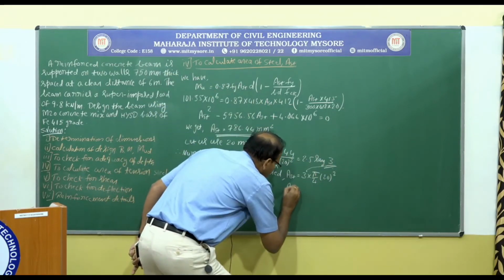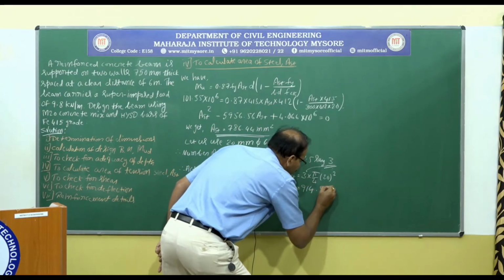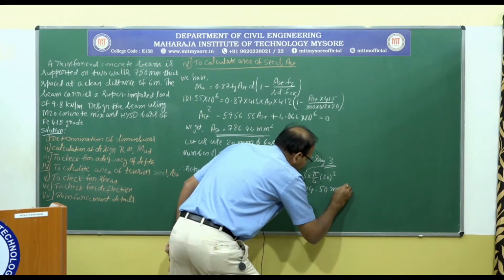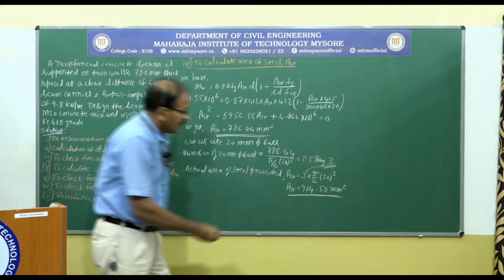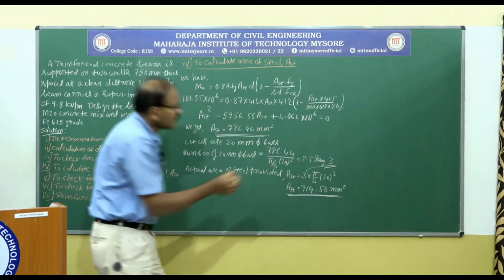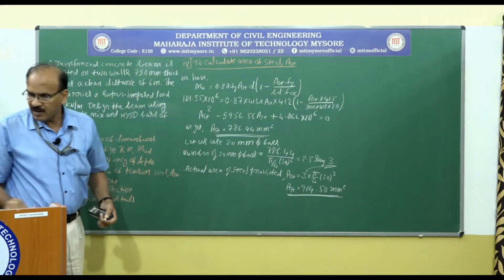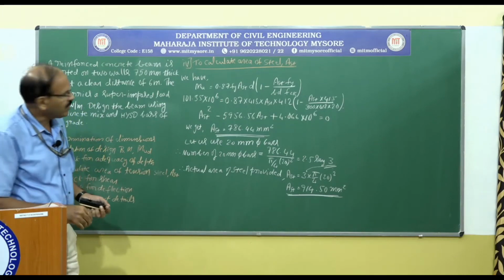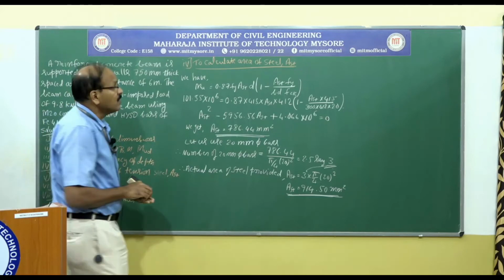That is equal to Ast equal to 914.50 millimeter square. Okay. So this is the actual area we are providing.